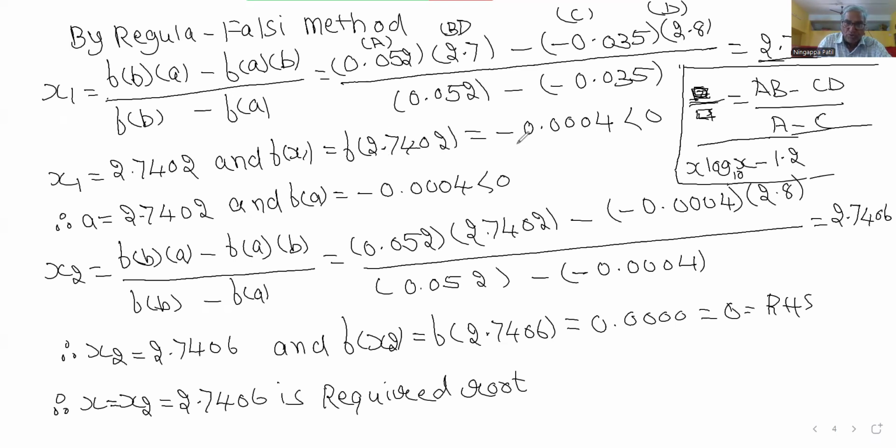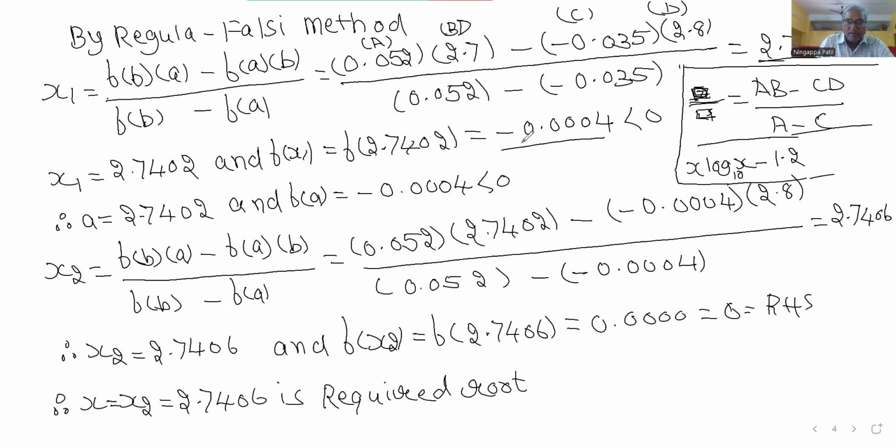Look here, you go back in the calculator, you bring this expression: x log x to the base 10 minus 1.2. You bring that expression on the display and press the calculate button. It asks the value of x. Then you enter this value, 2.7402. You are getting this value.